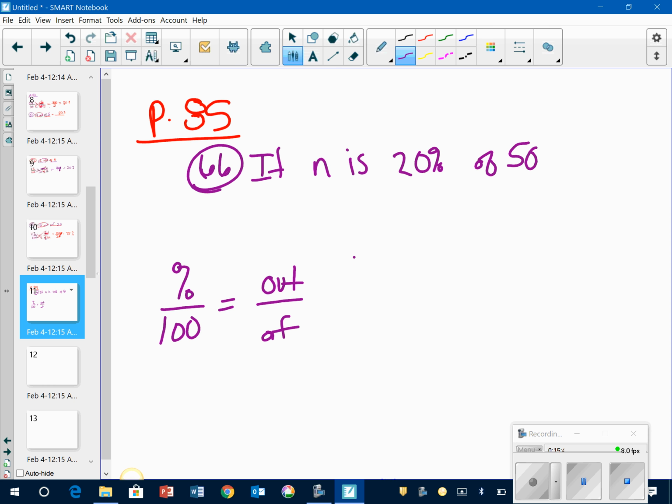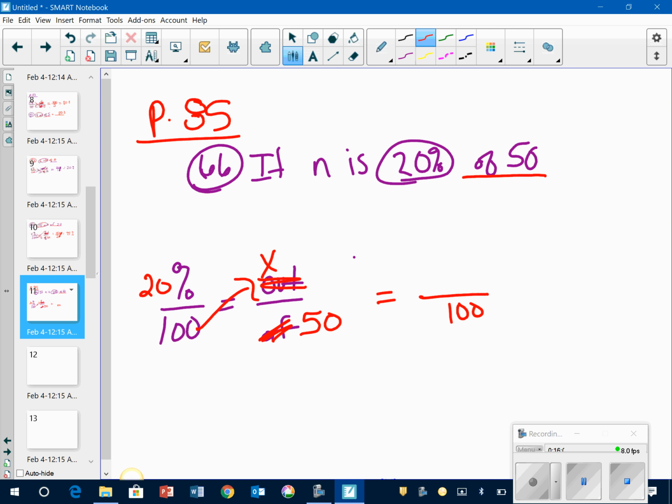We know our percent, so that goes above the 100, and we know our of number is 50, so it'll be down here. Now we're looking for the n, which is the out number. So x times 100, the 100 goes on the bottom, and 20 times 50 would be 1,000. Take out two zeros on each number to simplify, and 10 divided by 1 would be 10. So n equals 10.